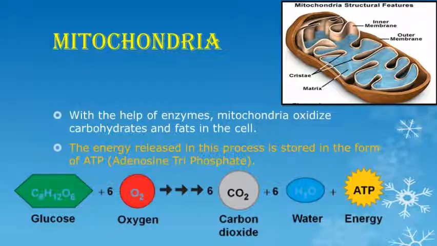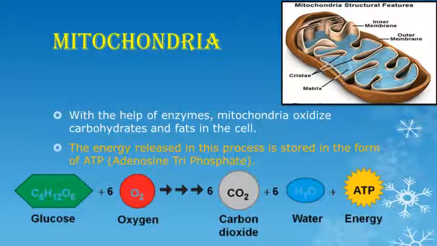Here you can see one reaction in which a carbohydrate or glucose is oxidized. Oxidized means it reacts with oxygen, and when glucose is oxidized with oxygen, energy is released in the form of ATP, adenosine triphosphate.